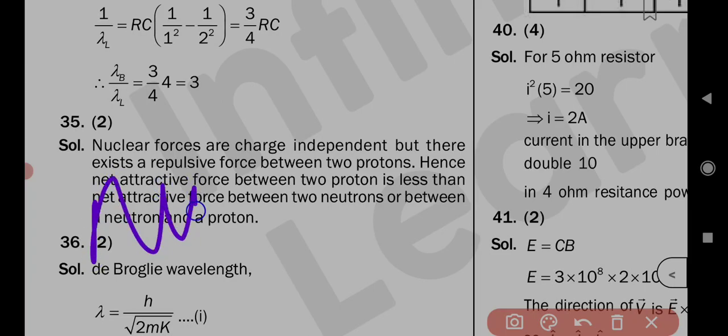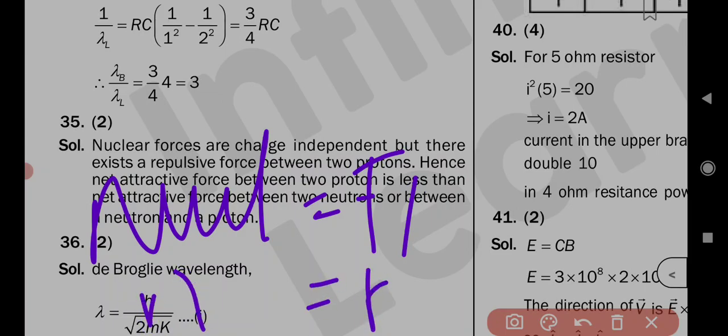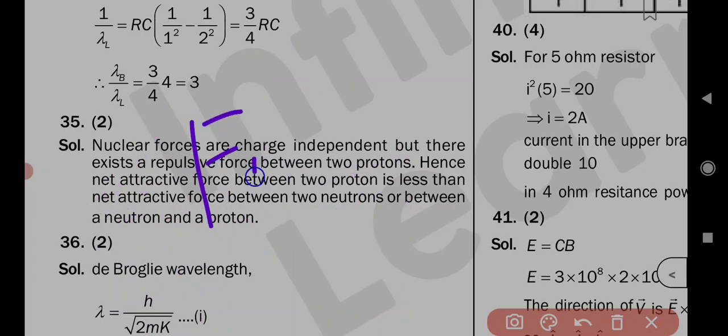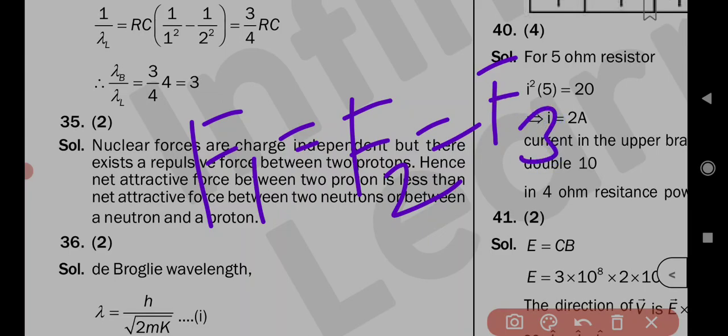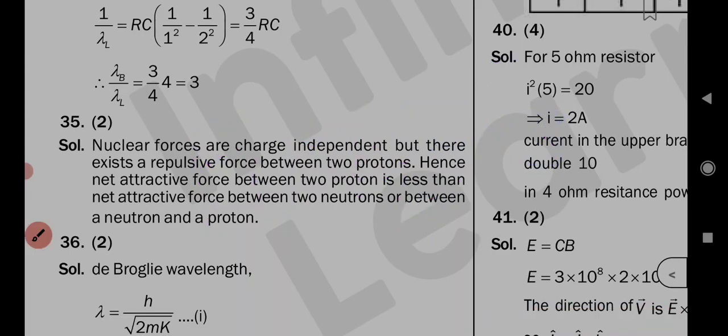Between two neutrons it is F2, and between two protons it is F3. In such a case, F1 is equal to F2 is equal to F3. So all the forces are going to be equal, guys. The options are very tough. If you see the options, you can't answer this question.